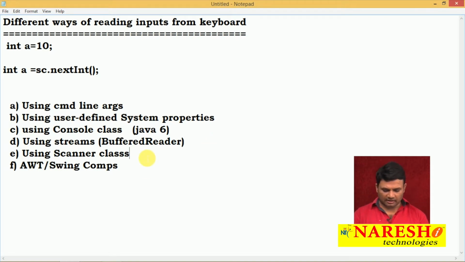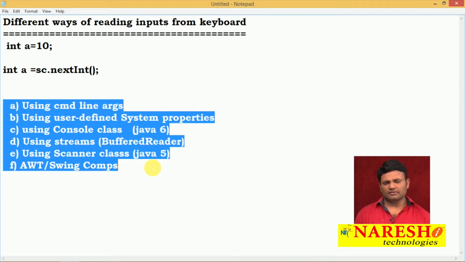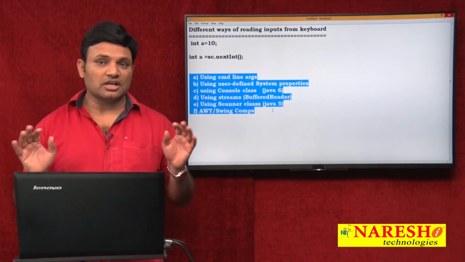The Scanner class is introduced from Java 5. And Swing was given around JDK 1.2, 1.3, but AWT support is there from the beginning of Java. So these are the various facilities to read inputs from the end user through the keyboard in our standalone Java application.